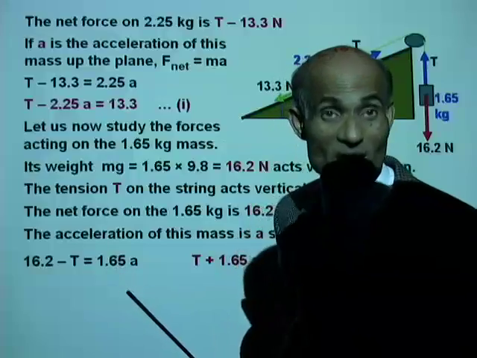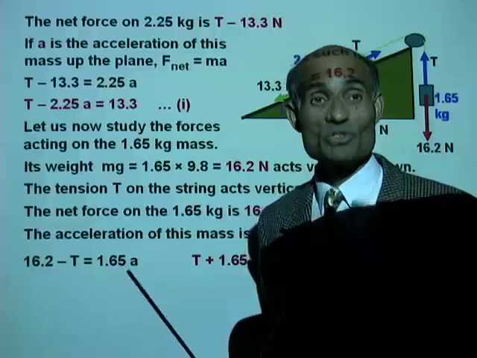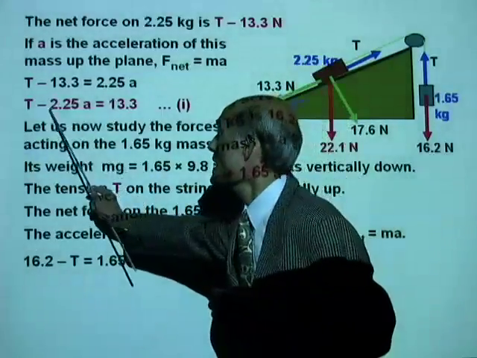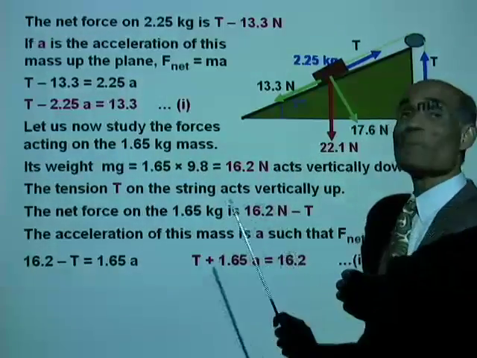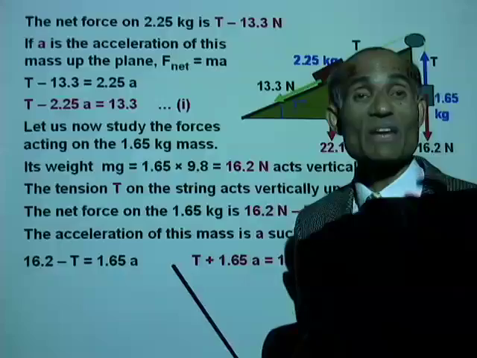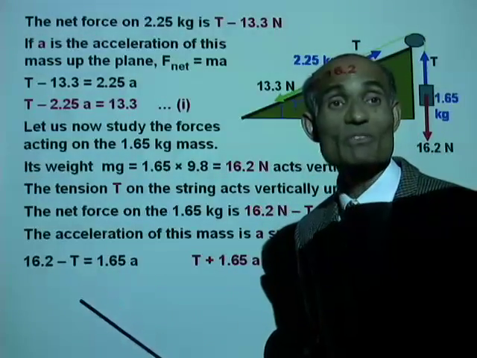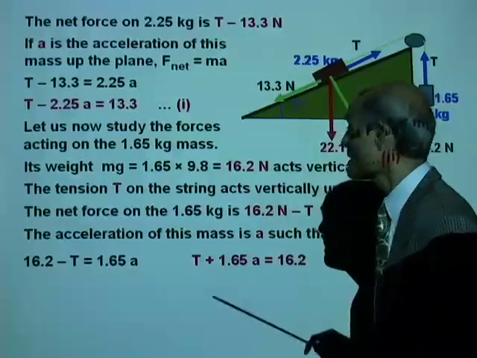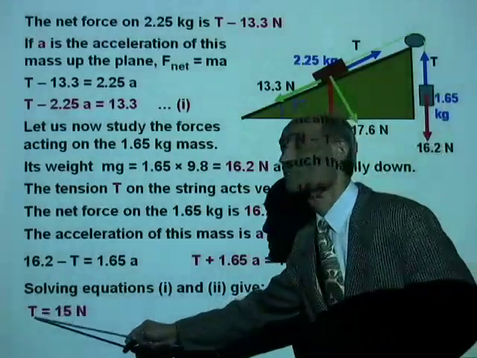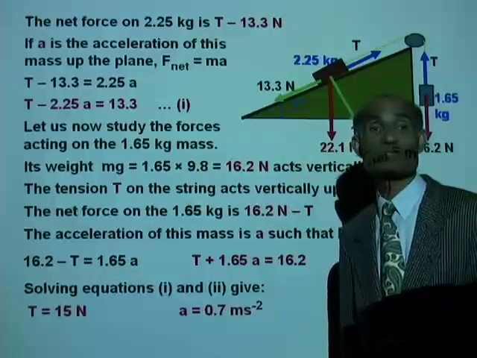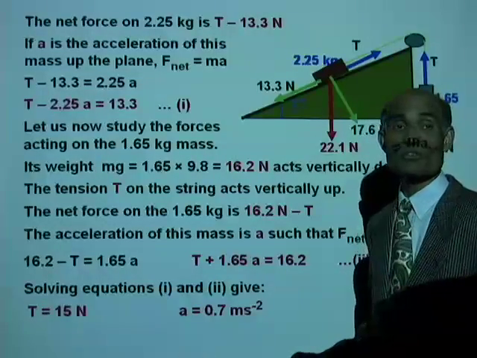Actually, if you want to use the calculator, you can use the method I showed you a couple of classes ago. Use a 2 by 2 matrix for the left side and a 2 by 1 matrix for the right side, and find A inverse multiplied by B, and that will give you the values of T and A. So solving these equations gives T equal to 15 Newton and A equal to 0.7 meter per second squared.